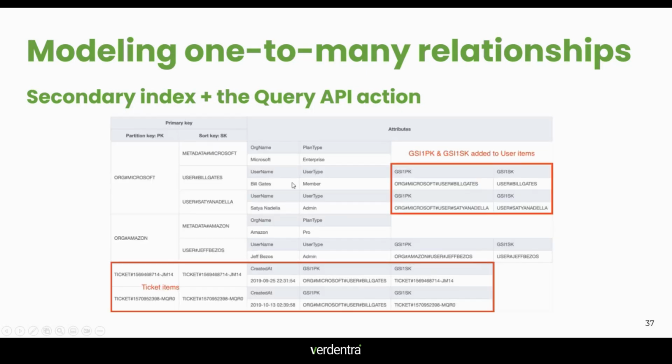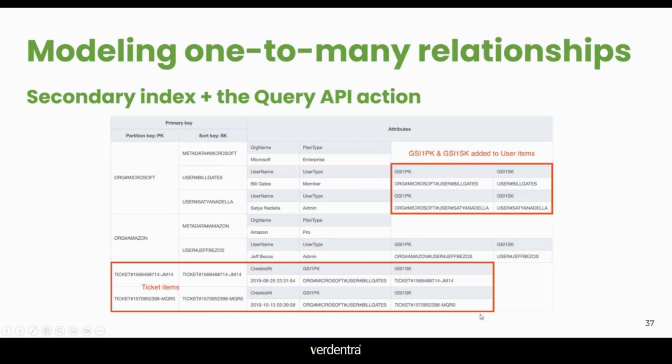In this case, you have to introduce a secondary index, in this case a global secondary index, GSI for short. In a GSI, you can define different partition keys and sort keys.